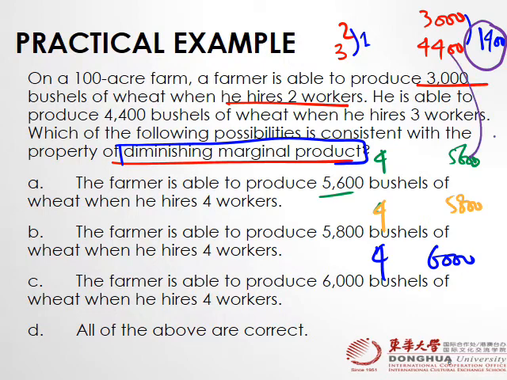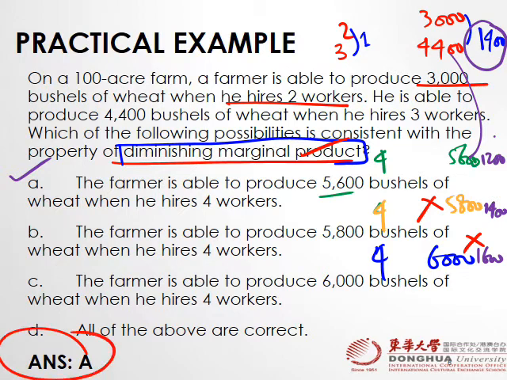So the difference between 5,600 and 4,400 is 1,200. So it means A makes sense. What about B? The difference between third and fourth is 1,400, and here it is 1,600. So these can never be following diminishing marginal product. So the answer would be A. If your answer is A, then you really understand the concept and you are in good shape. Thumbs up for you.